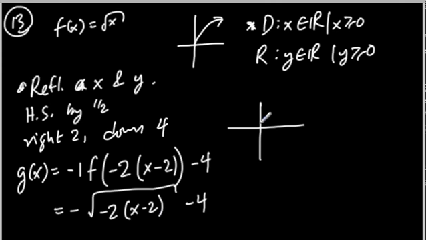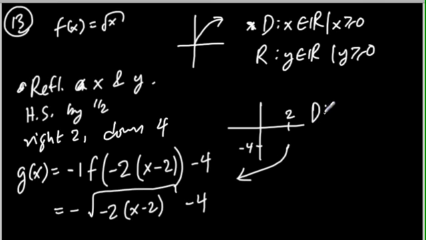So all right, this is the original function. It's reflected across the x and y, so we go here and then here. Horizontal stretch by half doesn't really change the direction. Right 2, and then down 4. So it would just go like this.